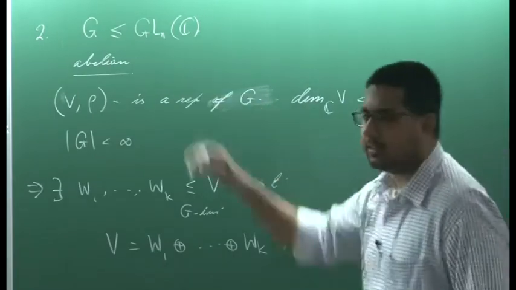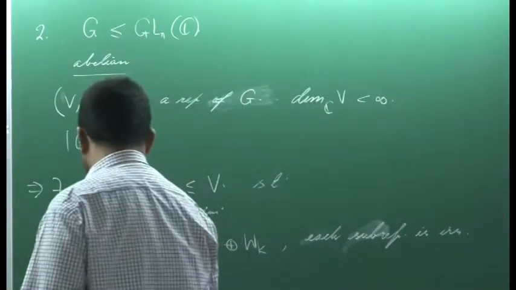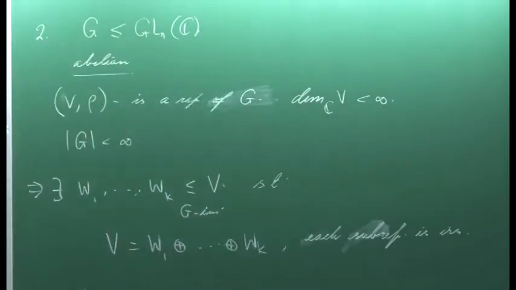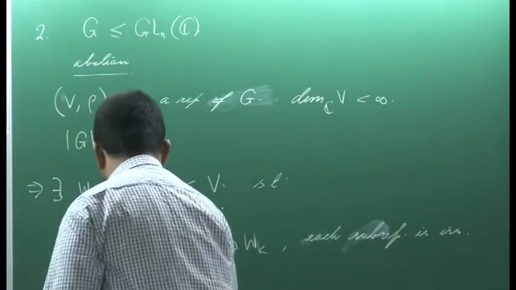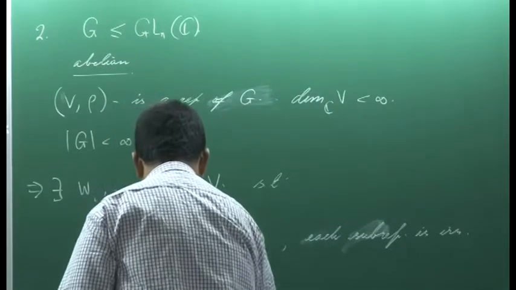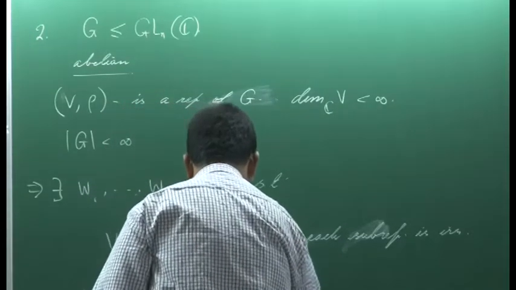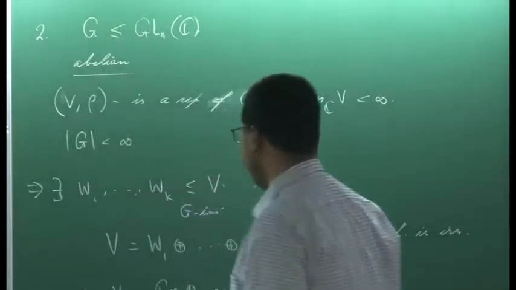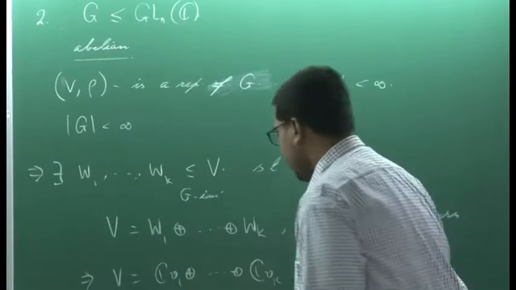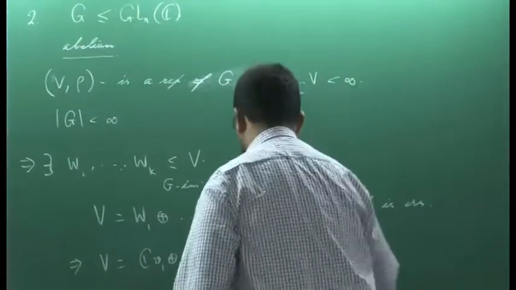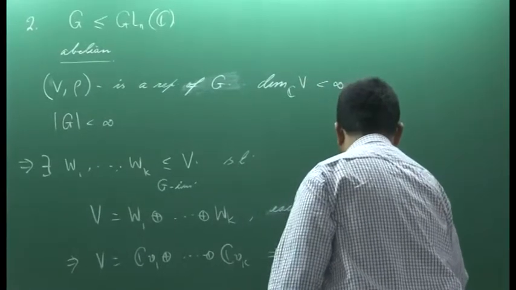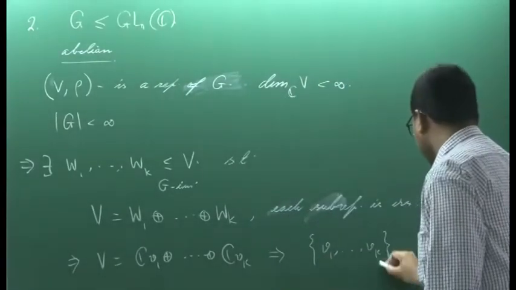Now, since G is abelian, what we obtain from this is each Wi must be of dimension 1. So, therefore, we see that this is of the form C vi, and from this it follows that v1, v2, ..., vk is a common eigenbasis.